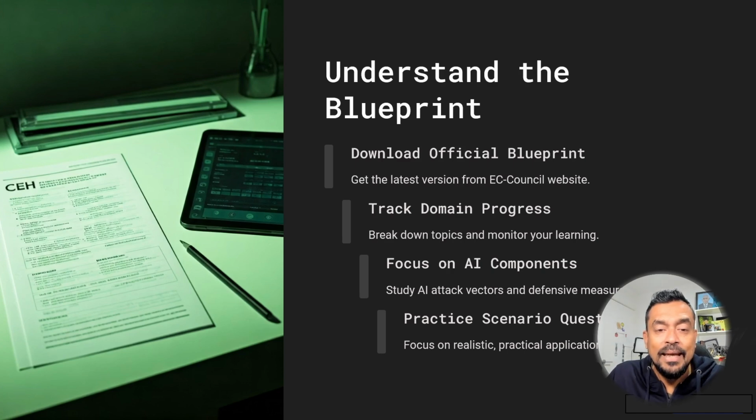You need to study AI attack vectors and defensive measures that you will be learning during the Certified Ethical Hacker program. And then you can practice scenario questions more. You need to focus on realistic and practical applications in each module. It's a good thing to study the summary, right?